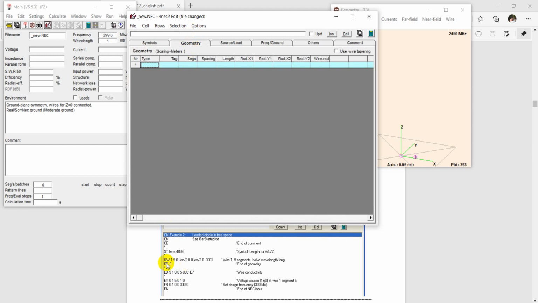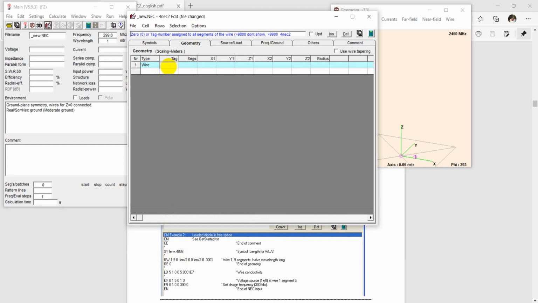In the geometry section, GW is geometry of wire, which is the type of wire, and the tag number is 1, meaning the first wire, and the segmentation is 9. X1 is 0, Y1 is minus L divided by 2, and Z1 is 0.